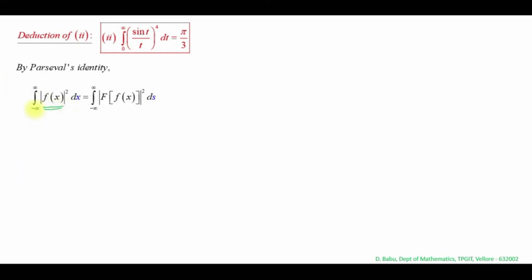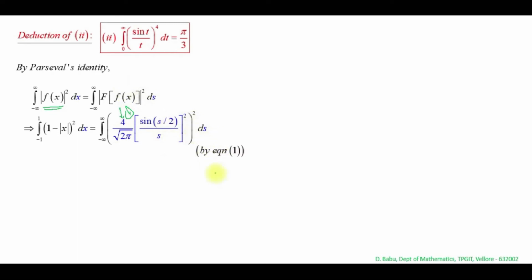Therefore we change minus infinity to plus infinity as minus 1 to plus 1: 1 minus mod x the whole square into dx. 1 minus mod x is a real function, therefore we remove the modulus. This equals integration minus infinity to plus infinity of 4 divided by square root of 2 pi, sin s by 2 divided by s, the whole square into ds, by equation 1.